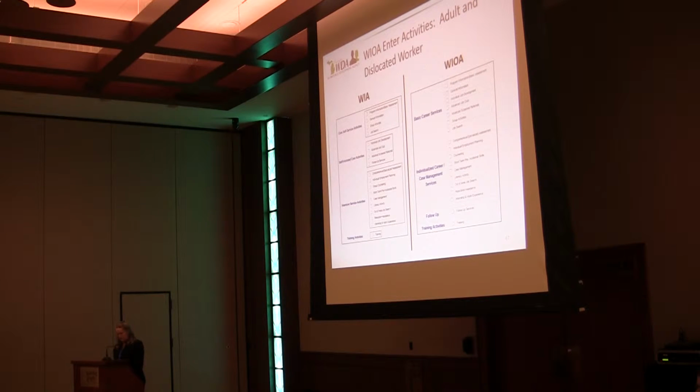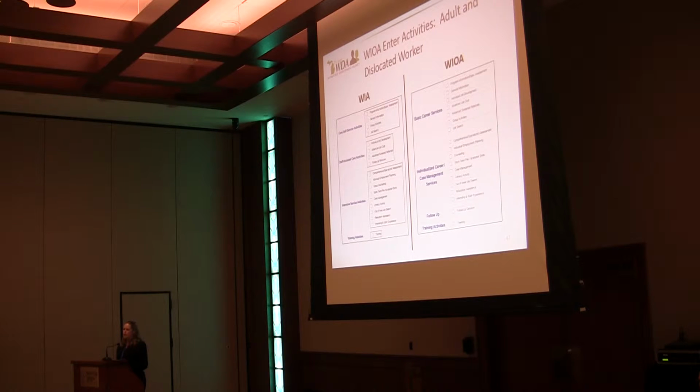Okay, you're going to see some differences on the enter activity screen for adult and dislocated worker. You're probably used to the whole hierarchy that applies to WIA participants. What I mean by that is you have to have a core before you have a staff assistant before training, and all these weird rules.